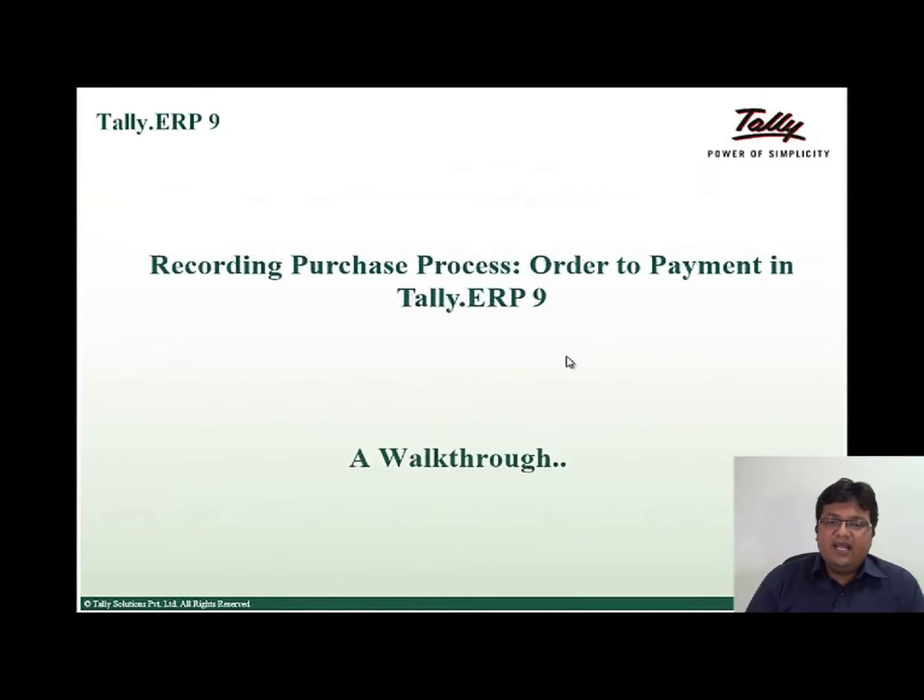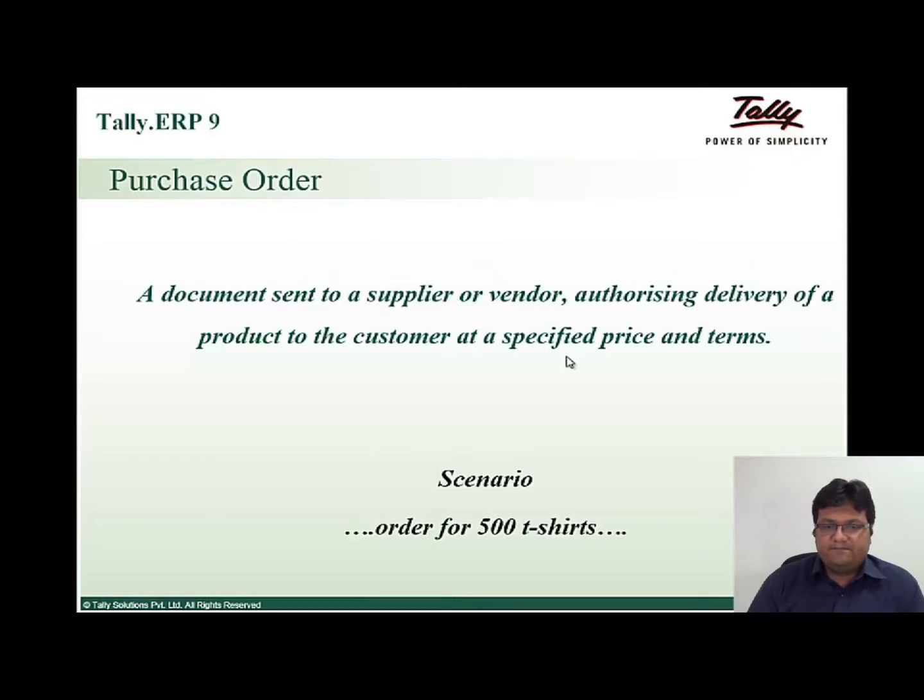So let us see how the purchase process is recorded in Tally from order to payment. Purchase order. First of all, let us understand what is a purchase order. Purchase order is a document which is sent to a supplier or a vendor authorizing delivery of certain products which I as a customer require.